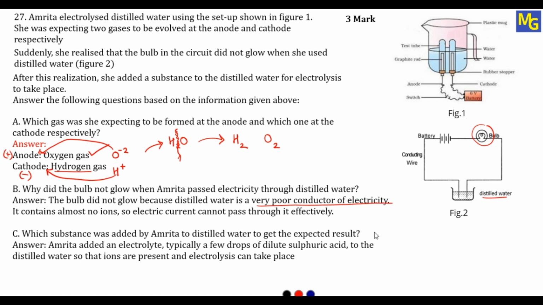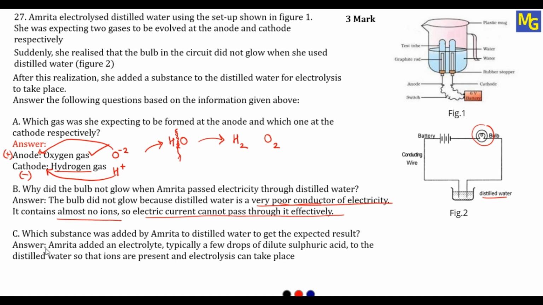Salts are not there means there will be no positive and no negative ions. If there are no ions in the water, then nobody will be there to pass the current, and therefore distilled water is a poor conductor of electricity. It contains almost no ions, so electric current cannot pass through it effectively, and therefore the bulb did not glow when Amrita passed electricity through distilled water.